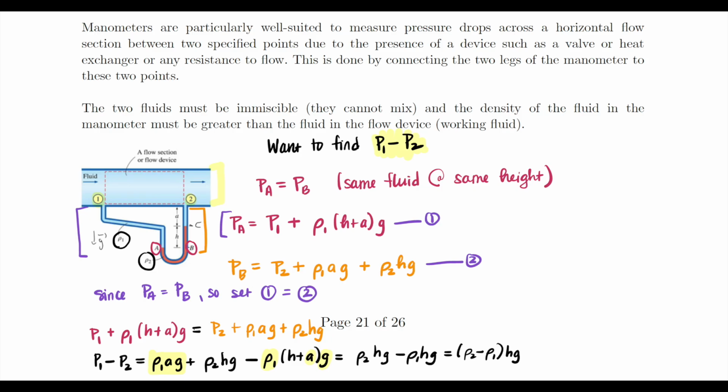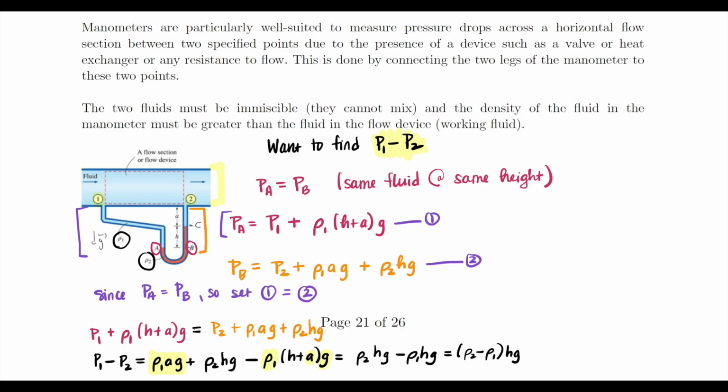Now remember, I want to find P1 minus P2. So I'm going to subtract P2 to move it over to the left-hand side, and then move the rho 1 H plus A G over to the right-hand side. All right, so I have P1 minus P2 is equal to rho 1 A G plus rho 2 HG minus rho 1 H plus A G.